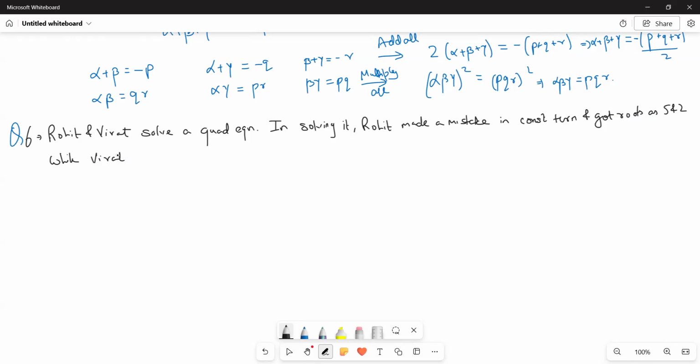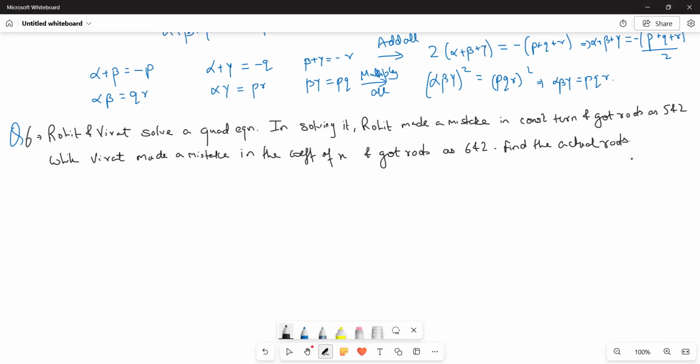While Virat made a mistake in the coefficient of x and got the roots as 6 and 2. Now, your job is to find the actual roots. What would be the correct roots?